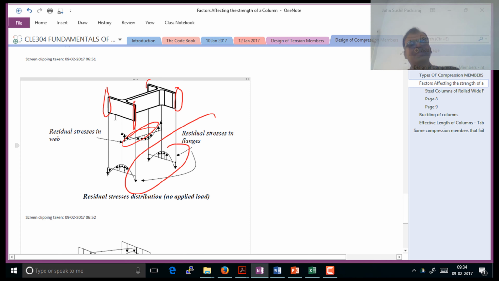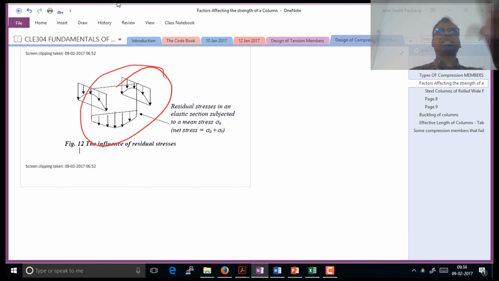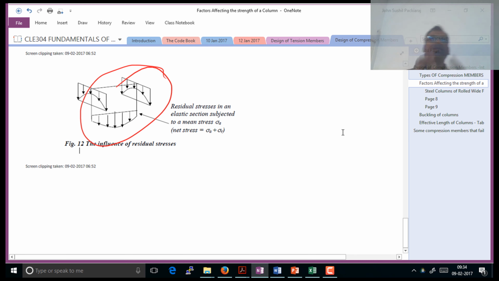So when you are superimposing the live loads or the loads which come on the column, it gets a load pattern like this, which is not linear, the way you expect it to be. So these are the factors which affect the strength of the column.